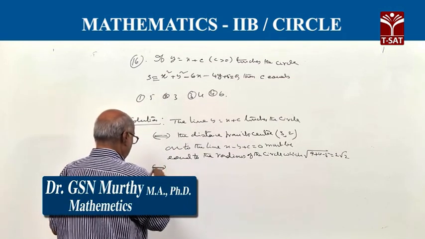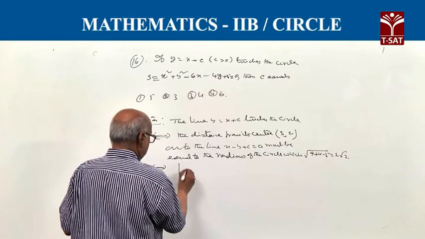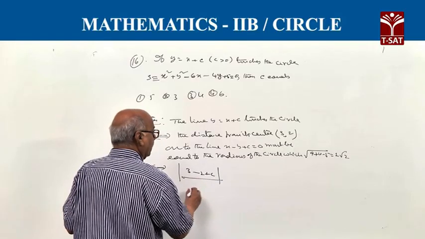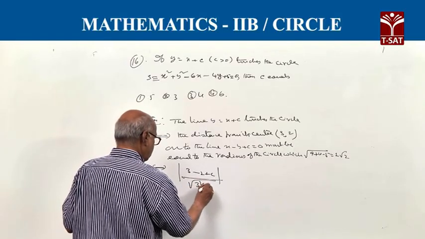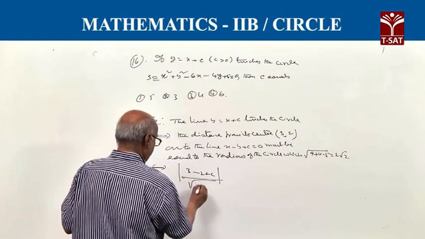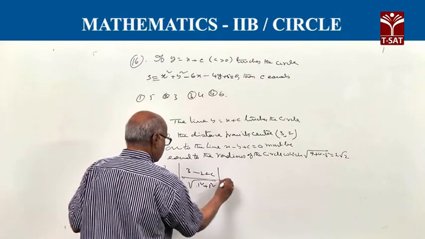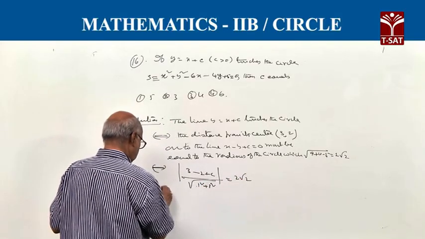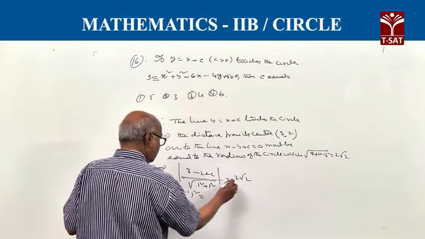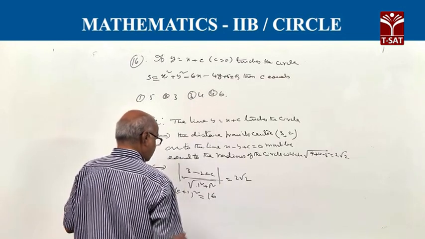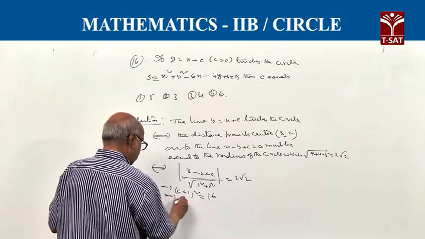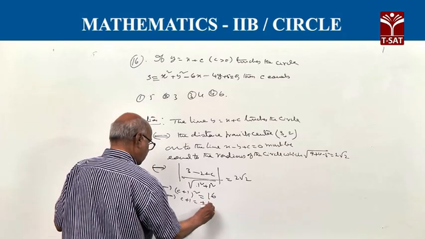So, that is if and only if modulus of (3 minus 2 plus c) by square root of 1 square plus 1 square is equal to 2 root 2, or that is (c plus 1) whole square is equal to 2 into 2, 4, 16, or that is c plus 1 is equal to plus or minus 4.